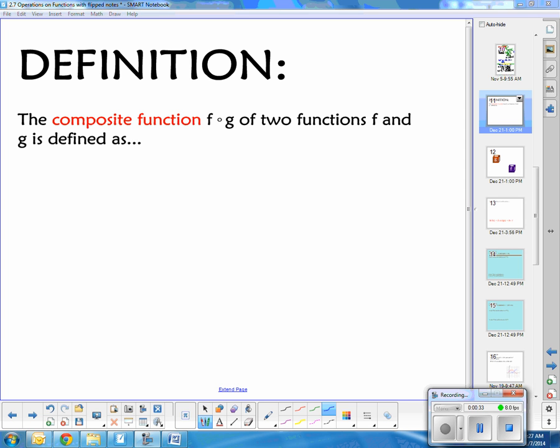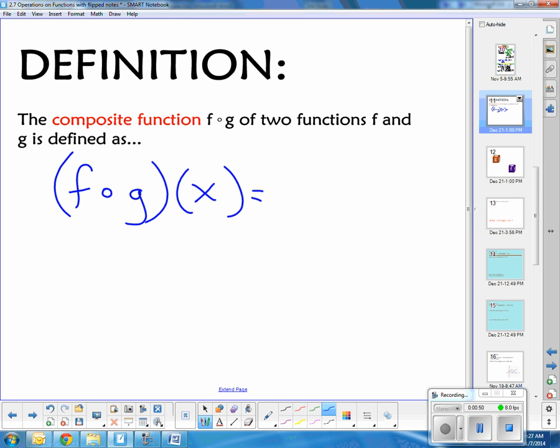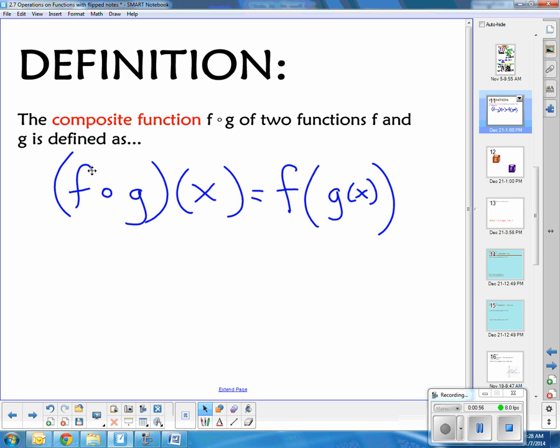So the composite function f, pronounced f open circle g, of two functions f and g is defined as, and algebraically we would say, f open circle g of x is equal to f of g of x. And that's how it works.